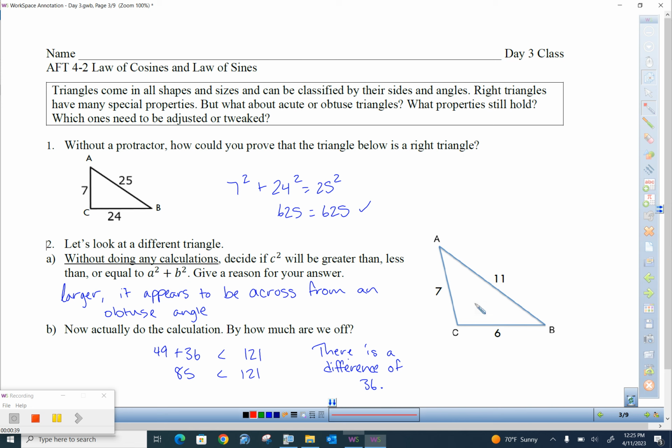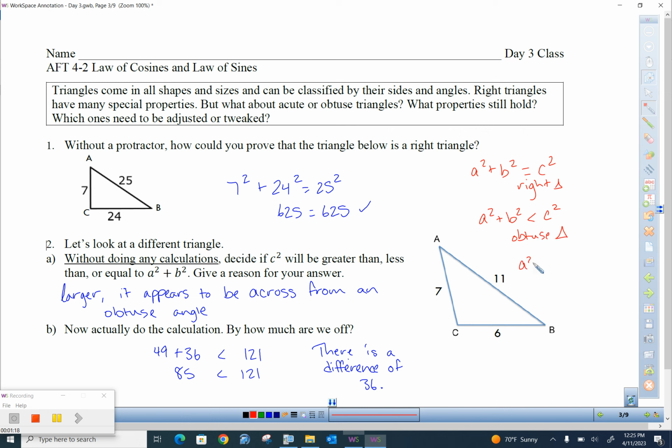But from geometry, there were 3 relationships that you learned. If a squared plus b squared equals c squared, that was a right triangle, and that's the Pythagorean theorem itself. But if we took our a squared plus b squared and compared it to our c squared, where the c squared was larger, like this situation, this side being larger went with an obtuse triangle.